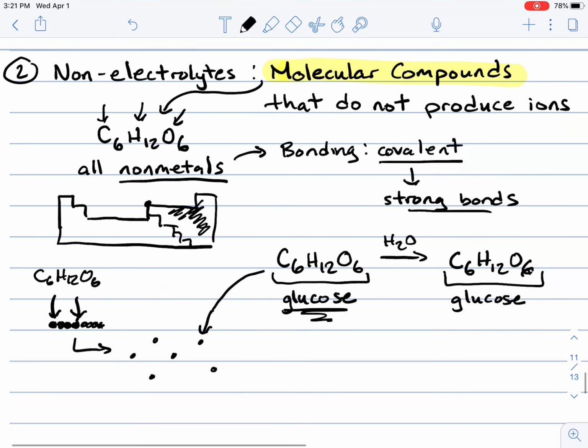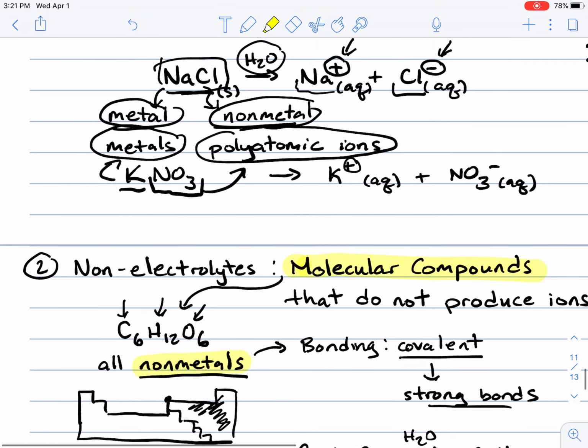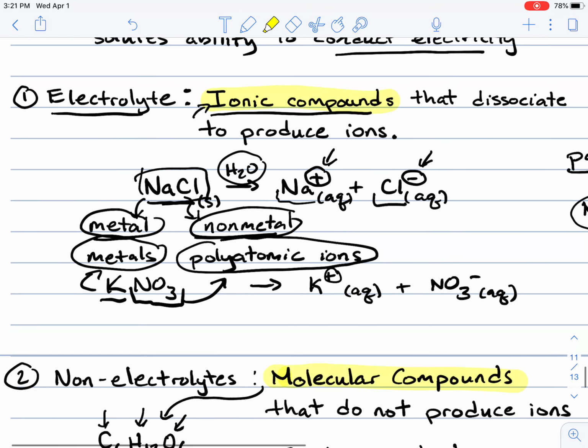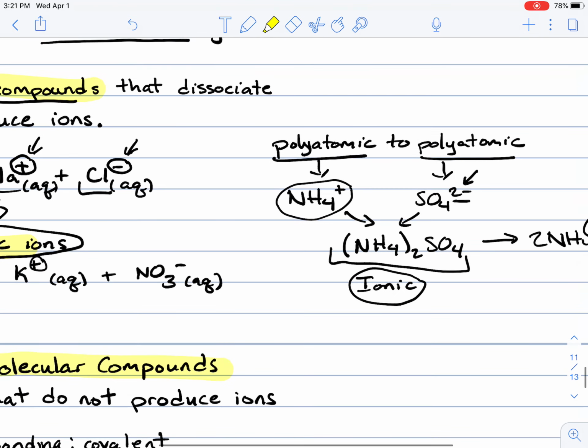All right. And so the take-home message is that molecular compounds can be identified if all of the elements are nonmetals. Ionic compounds can be identified if you have a metal to a nonmetal, metal to a polyatomic, or a polyatomic to a polyatomic.